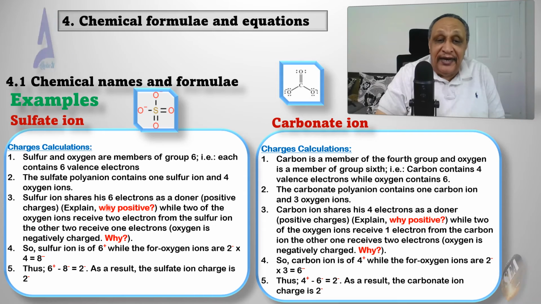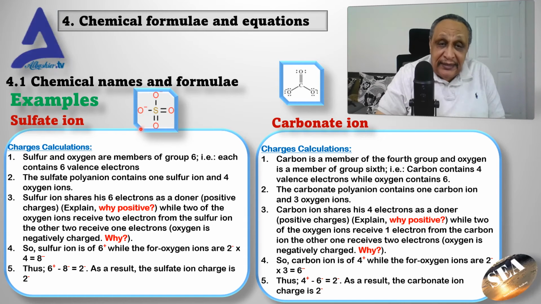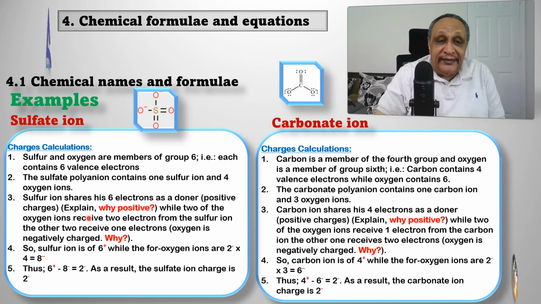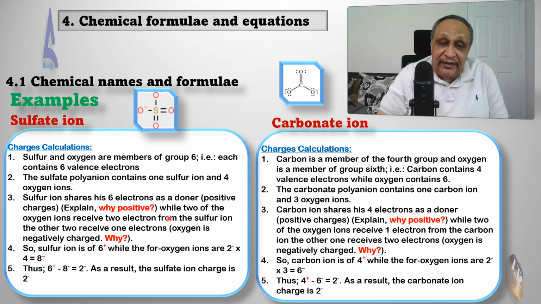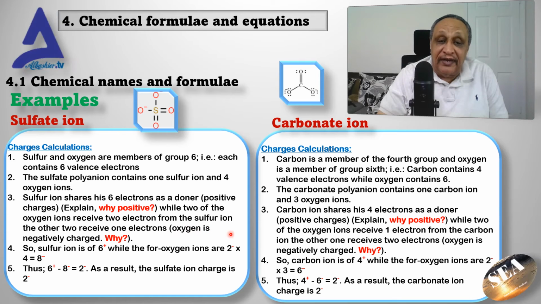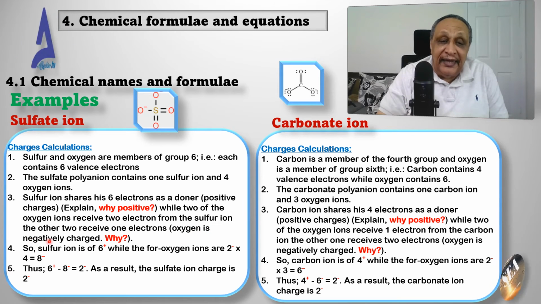The sulfur ion shares its 6 electrons as a donor, so this is the 6, and a positive charge. Explain why it is a positive charge. While 2 of the oxygen ions receive 2 electrons from the sulfur ion, the other 2 receive 1 electron each.